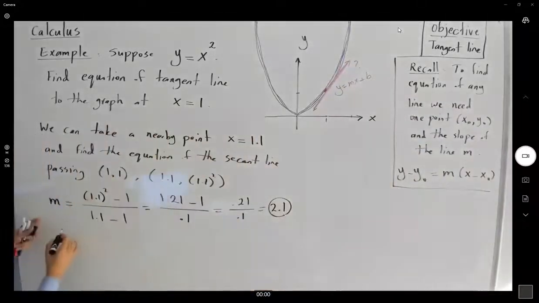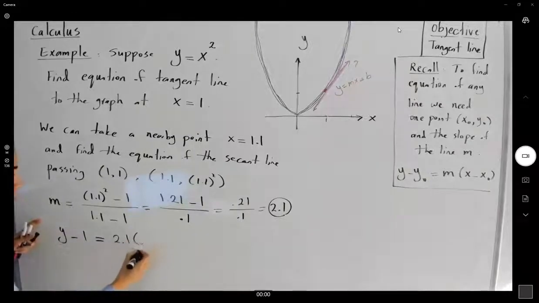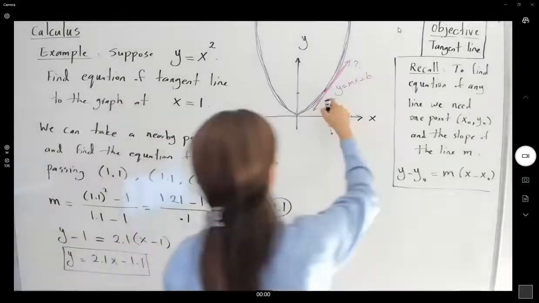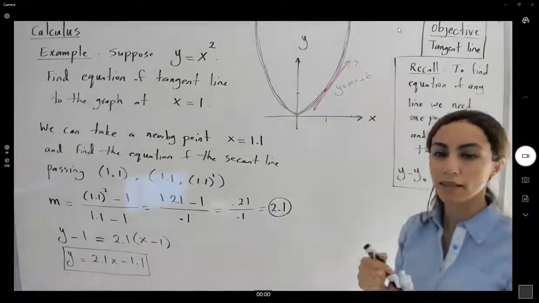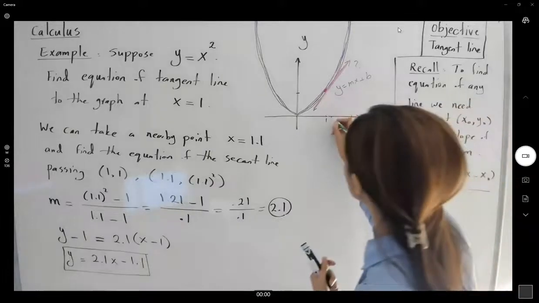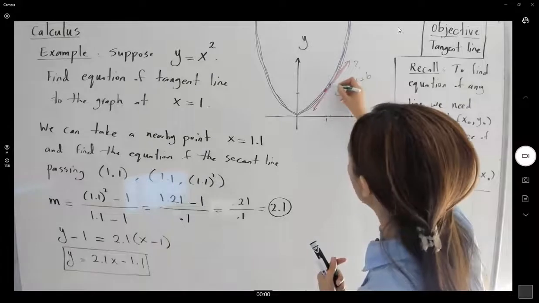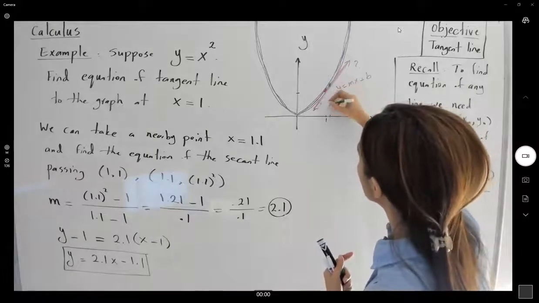Now, the equation is y minus y sub 0 equals m times x minus x sub 0. So y is equal to 2.1 x minus 2.1 plus 1 minus 1.1. This is not the tangent line. This is not exactly this line, but this is close enough. We are taking this point here, 1.1, and this point is on this part of the graph, so it's going to be a little bit tilted.